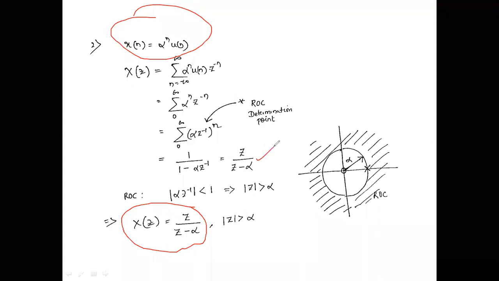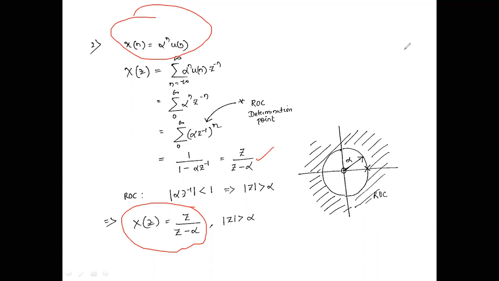If a 1 by 2 to the power n into u of n comes, we will straight away conclude that its z transform is z divided by z minus 1 by 2. If 1 by 8 to the power n into u of n comes, its z transform is z divided by z minus 1 by 8, with magnitude z greater than alpha. For half to the power n into u of n, magnitude z will be greater than 1 by 2. Above 1 by 2, all values will be converging.